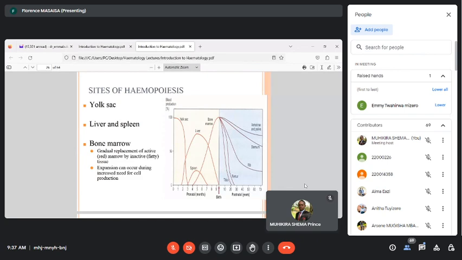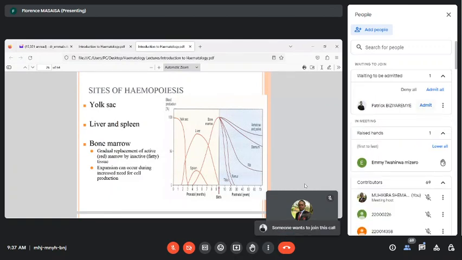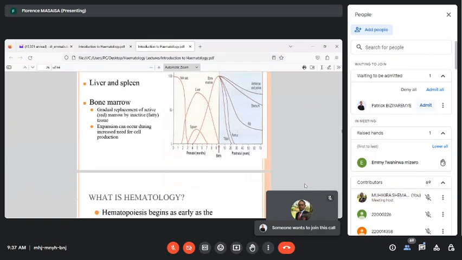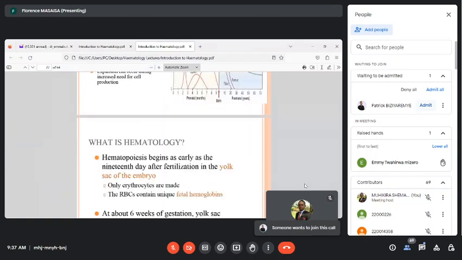So apart from intrauterine life, the site of hematopoiesis is located in the bone marrow in normal conditions, of course. Sometimes if there are diseases, the hematopoiesis may take place in the spleen or in the liver, even lymph nodes, when there is a disease ongoing.